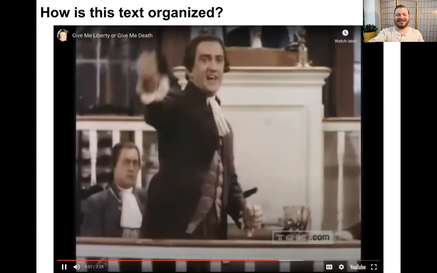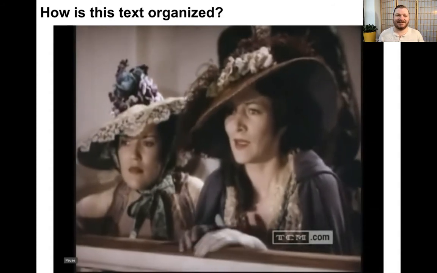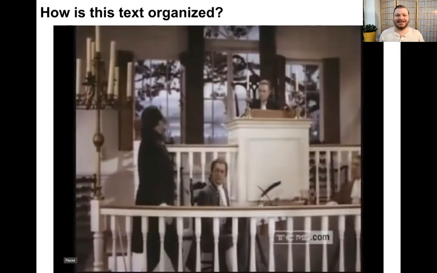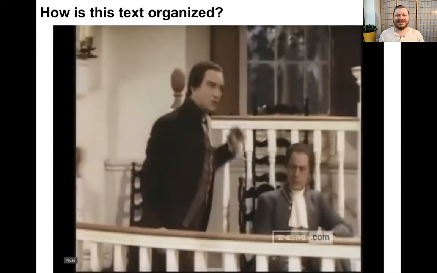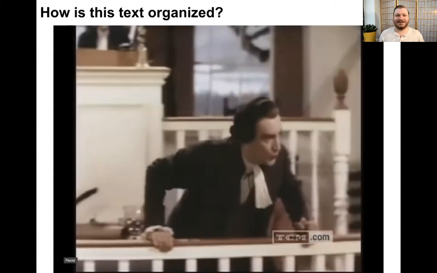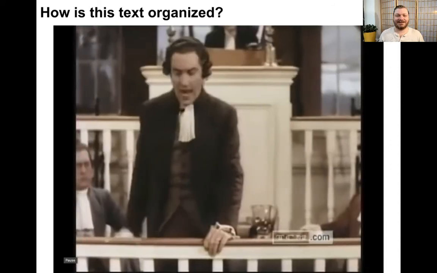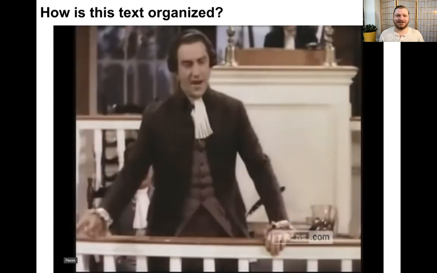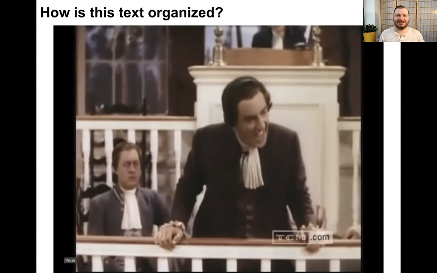We must fight. An appeal to arms and the God of hosts is all that is left to us. They tell us, sir, that we are weak, unable to cope with so formidable an adversary. But when will we be stronger? Will it be the next week or the next year? Will it be when we are totally disarmed and when a British guard is stationed in every house? Shall we gather strength by irresolution and inaction?